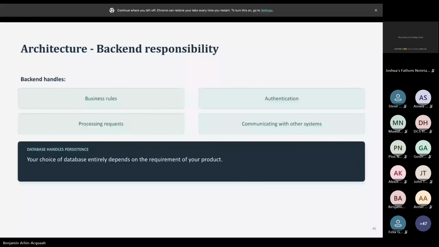NoSQL are usually the non-relational databases, so they do not rely on relationships, right? We have examples like MongoDB, and all of these document-based databases.